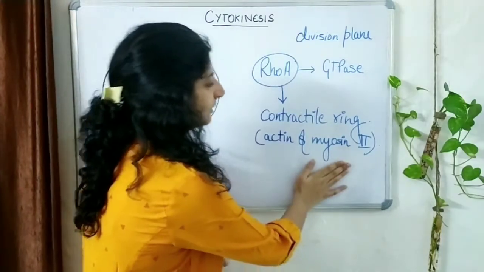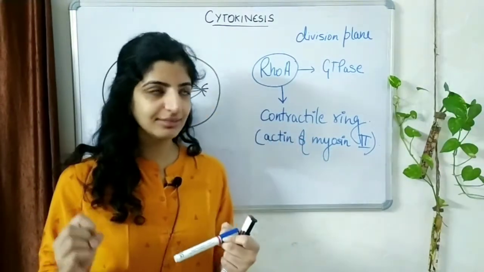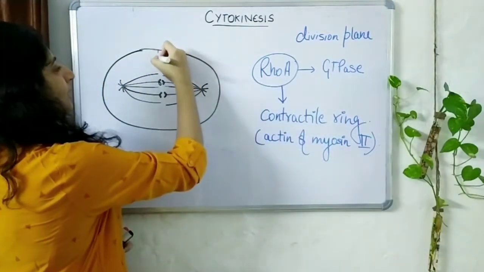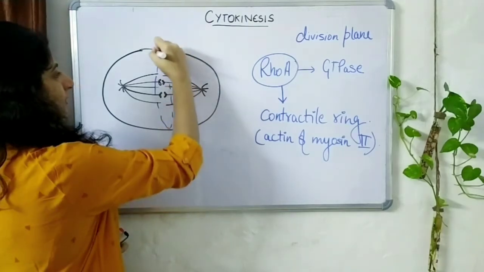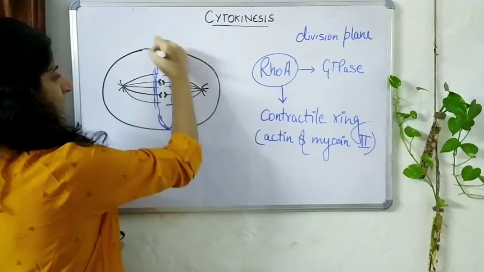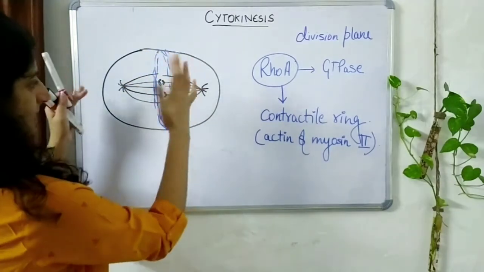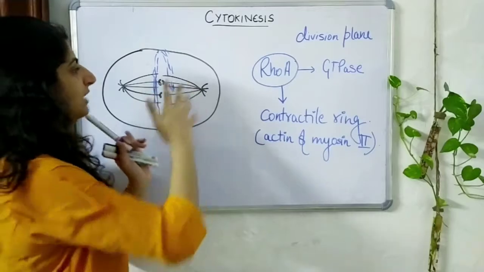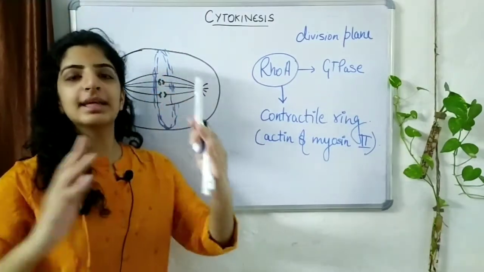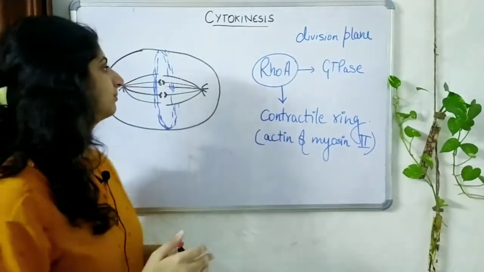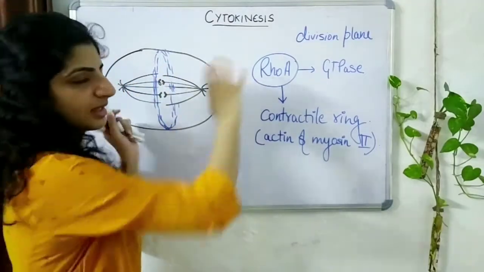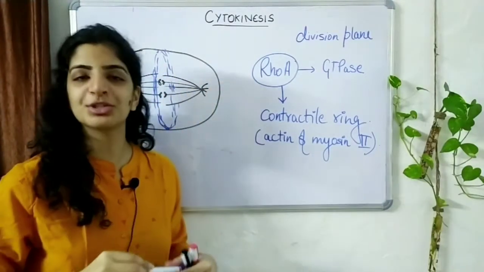Therefore, this contractile ring can contract and it will use energy. The contractile ring will be set up something like this around the cell. Now this is a 2D plane, but you can imagine it in 3D, going from forward to backwards, and in between there is the metaphase plate. As this contractile ring is set, the chromosomes continue to move to opposite poles.